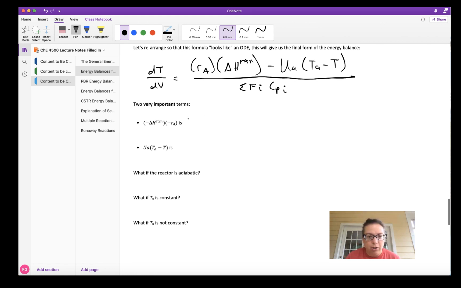Two important terms in this expression. This term here is the heat generated. The heat generated is due to the reaction, so the heat of reaction times the reaction rate gives the heat generated term.